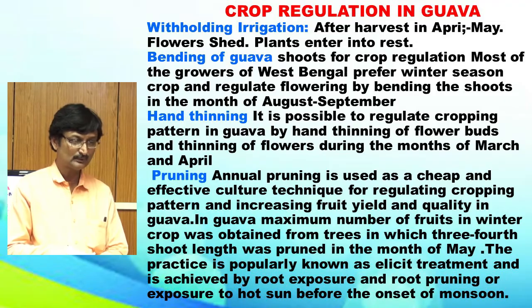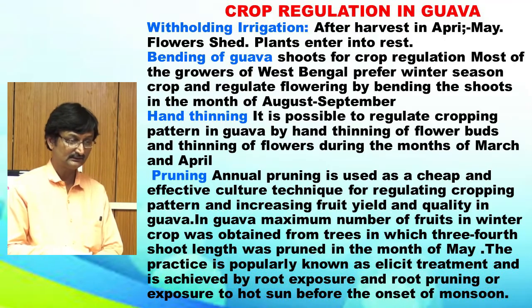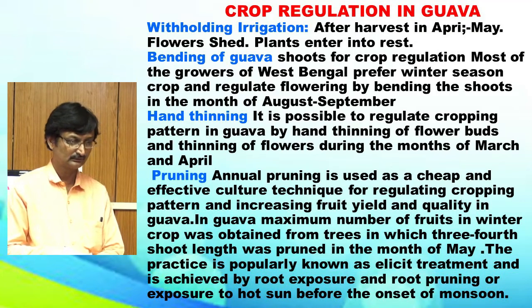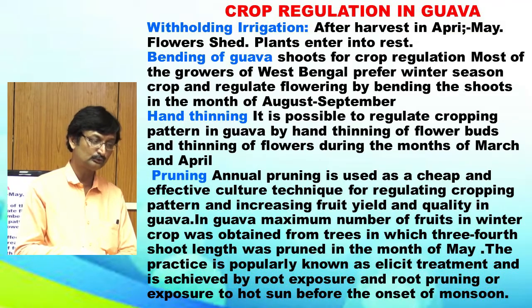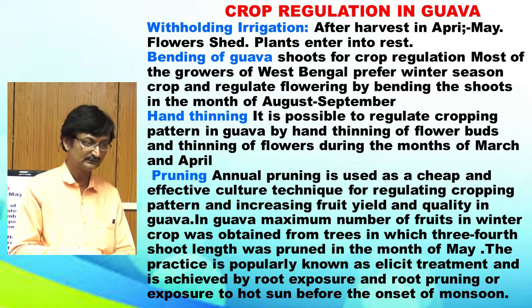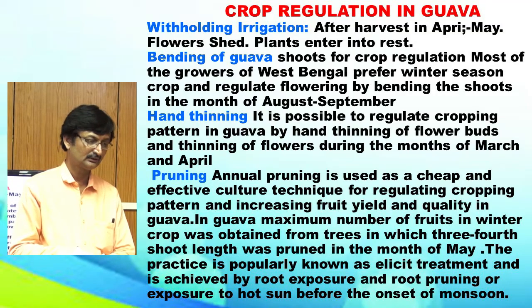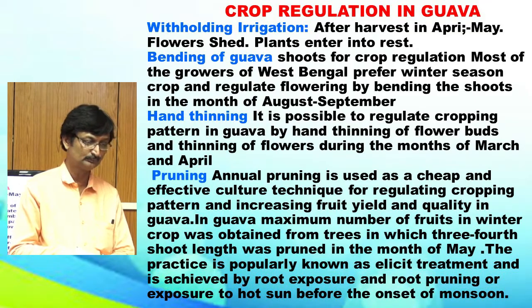In guava, the maximum number of fruit in winter crop was obtained from trees in which 3/4 shoot length was pruned in the month of May. Root exposure and root pruning, exposure to hot sun before the onset of monsoon, is also practiced, but heavy root pruning should be avoided.